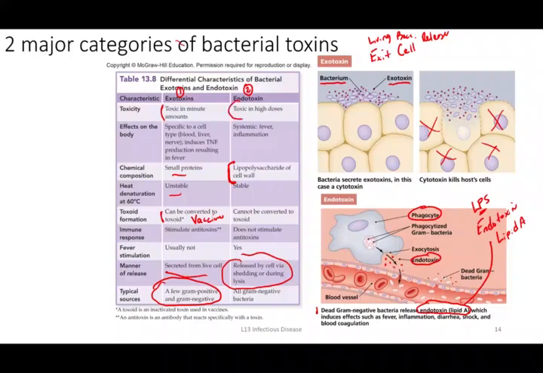It's much less toxic, so you need higher doses of them. So bacterial endotoxins also, in addition to coming from the cell wall, or more specifically the outer membrane of gram-negative bacteria, are more heat stable. And so because they're not proteins, they don't denature to the same extent as exotoxins do. And also because they're lipopolysaccharides or lipids, they don't lend themselves to developing toxoids, which can be used to stimulate an immune response in the same way.